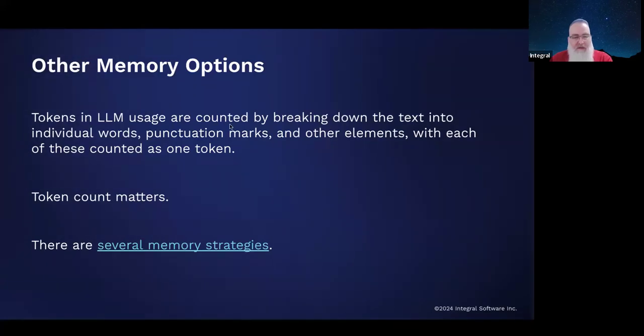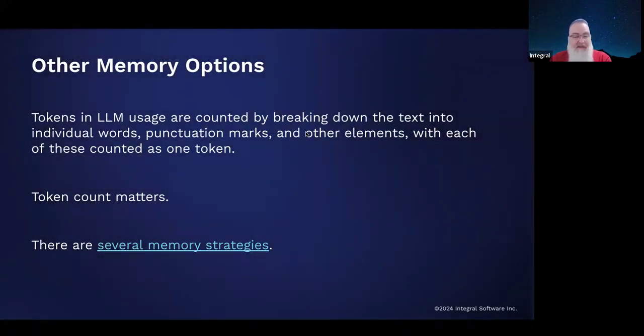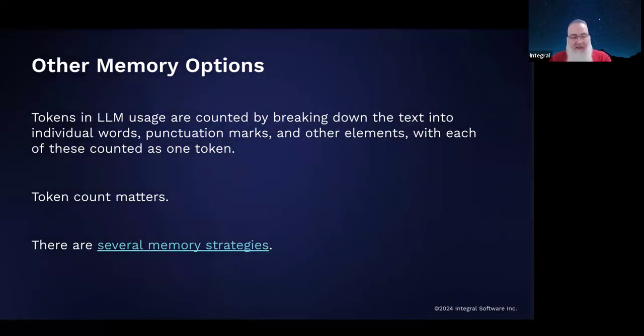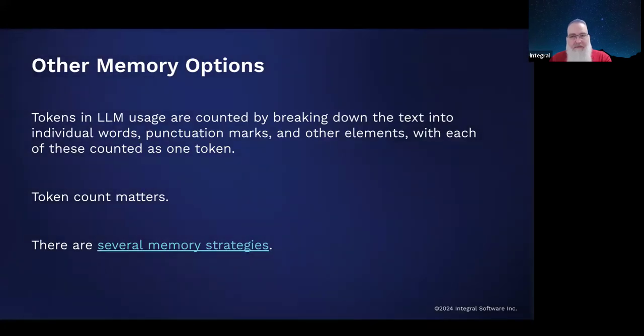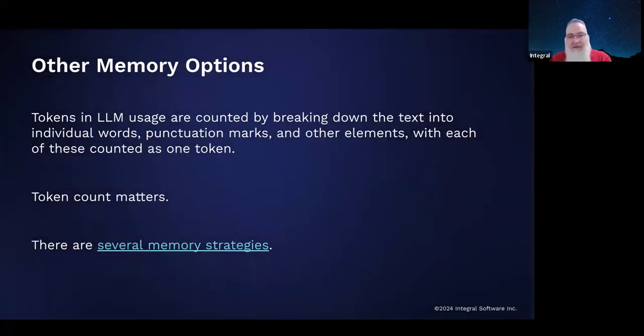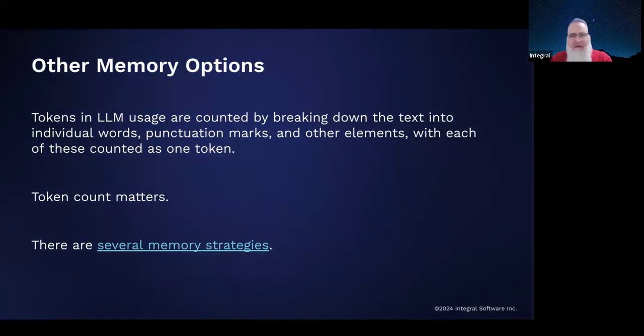Well, I'm going to read what ChatGPT gave back to me. Tokens in LLM usage are counted by breaking down the text into individual words, punctuation marks, and other elements, with each of these counted as 1 token. That's not to say that a word is 1 token; a word could be 2 tokens. But generally speaking, I think it's about 1.2.